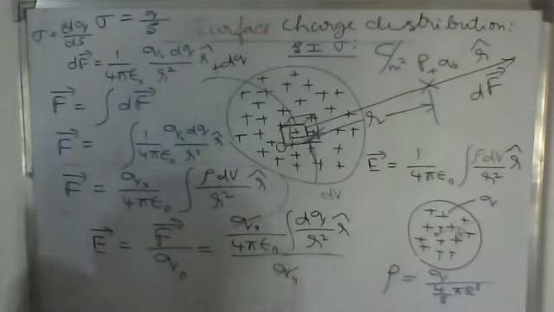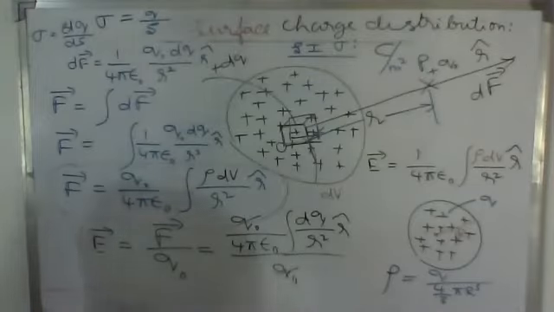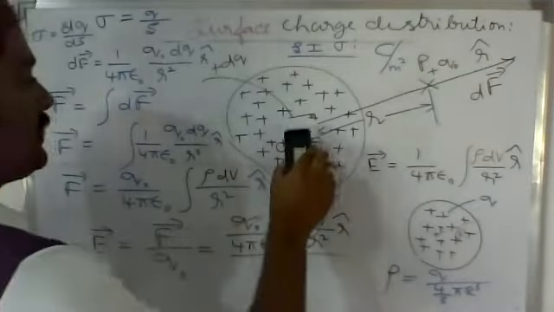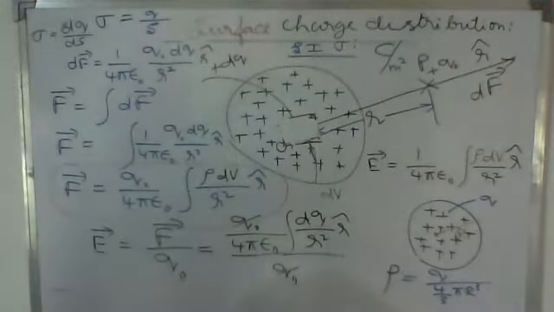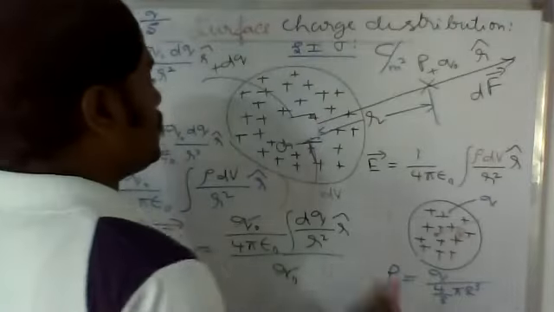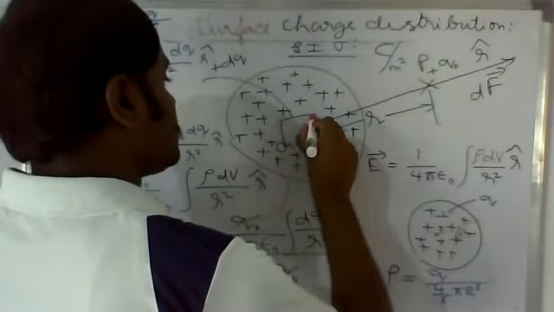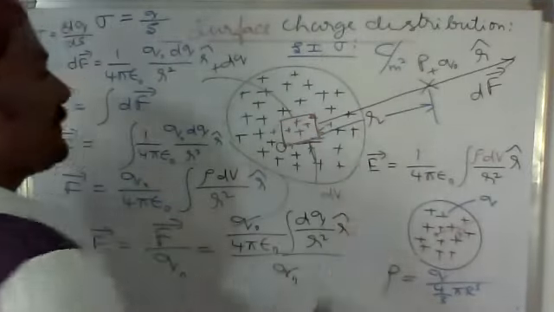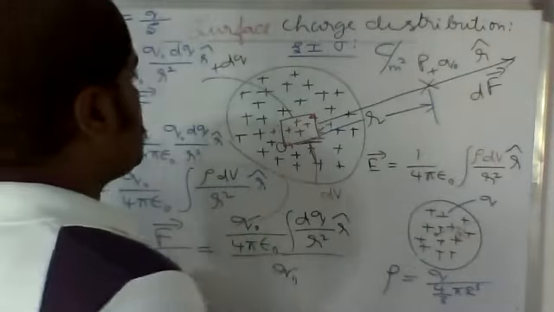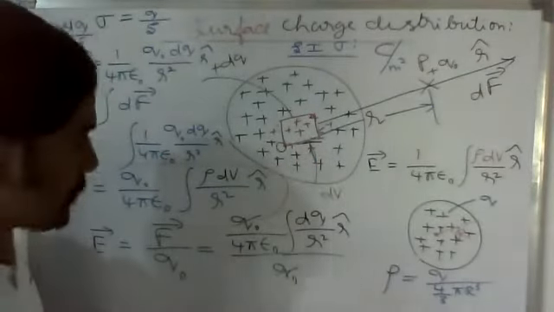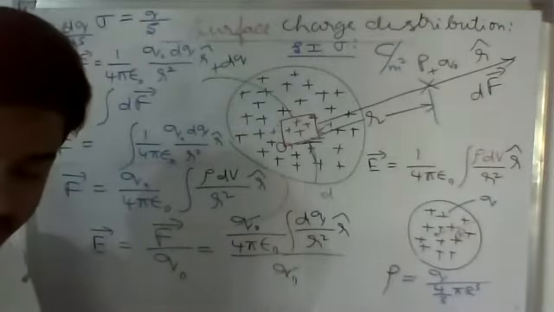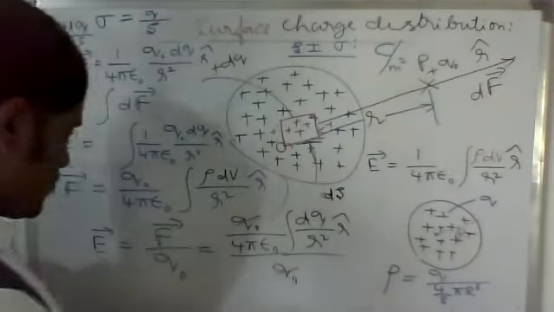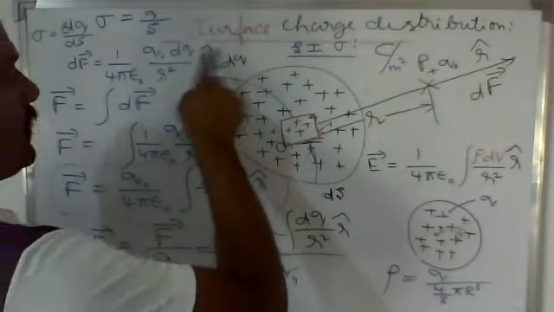Now, this is surface charge distribution: charge spreads over a two-dimensional surface in space. This is the small surface area that is considered, ds, and the charge on it is dq.